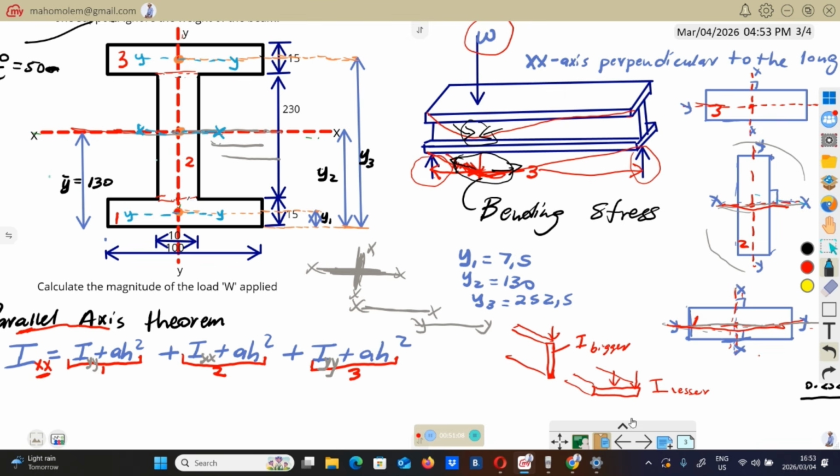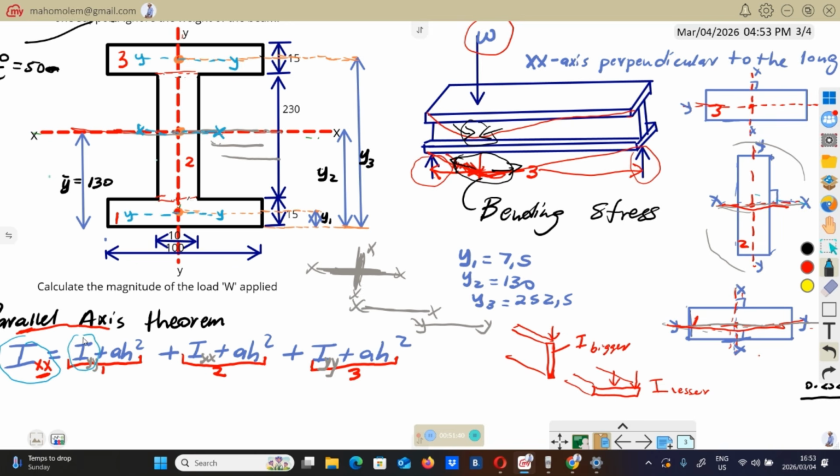Good. So now let's calculate I, which is the second moment of inertia for individual sections. This I that you see here is I for the whole thing, for this I profile, or I for these 3 boxes combined.